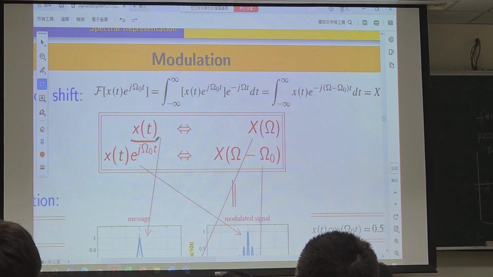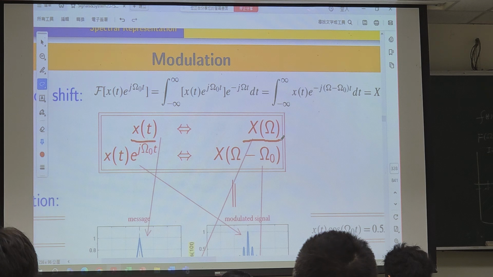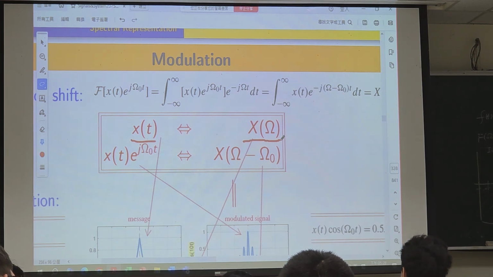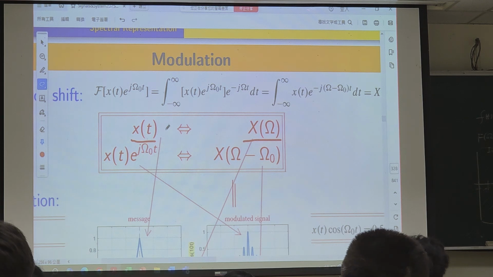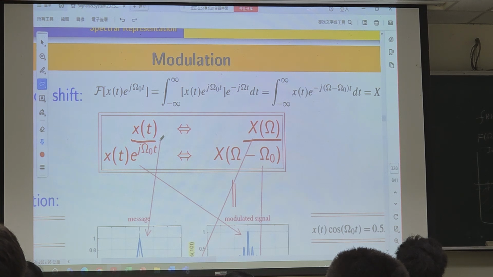Suppose we have a function x of t, and the associated frequency response of Fourier transform is capital X of omega. Now, if I multiply this x of t by the complex exponential function e to the j omega 0 times t, then in the frequency domain, we shift the spectrum omega sub 0 radian per second.